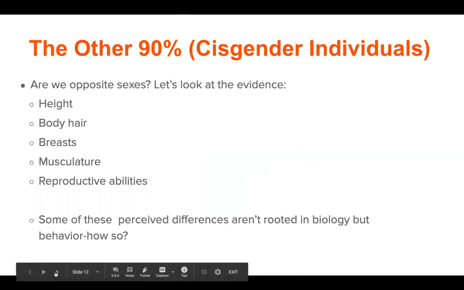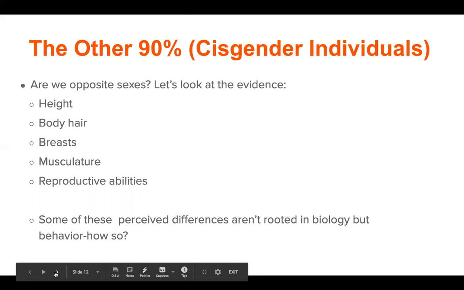Now, for all of us who are like, I'm still just a cisgender man or woman, and in some cases maybe you don't even bother to add the term cisgender in front of it, for the rest of us, what about us?